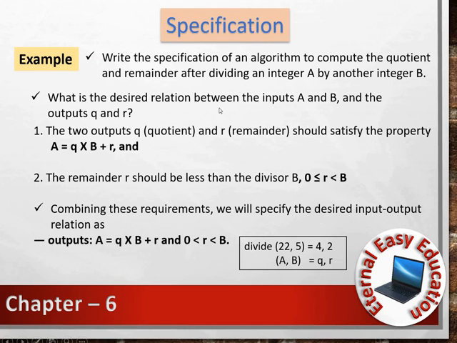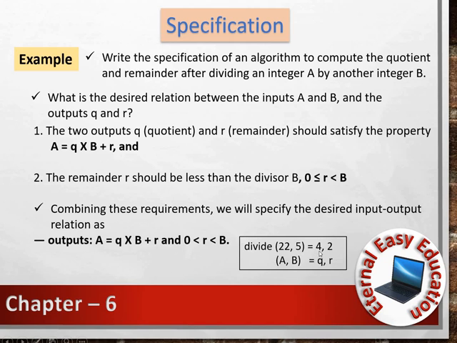Then what is the desired relation between the inputs A and B and the outputs Q and R? That means the two outputs, quotient and remainder, should satisfy the property A equal to Q into B plus R. For example, if 22 and 5, then 22 equal to Q into B plus R. What is the Q here? 4 is the Q. So 4 into capital letter B, that is 5, 4 into 5, that is 20, plus 2 is 22.